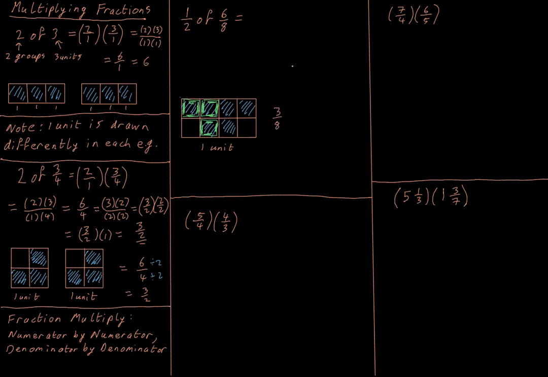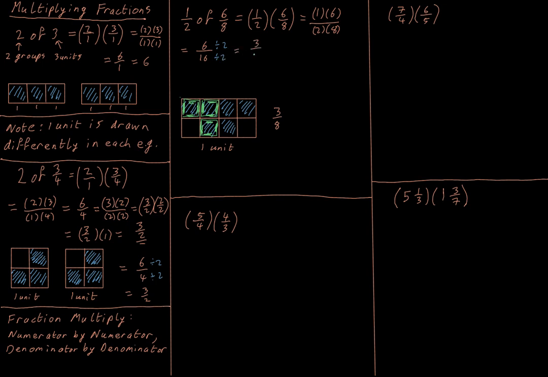So let's see if we get 3/8 when we try to apply our rule. We want half of 6/8. So we know our rule is top by top, bottom by bottom. 1 by 6 all over 2 by 8 gives me 6 all over 16, and there is a common factor of 2 top and bottom.